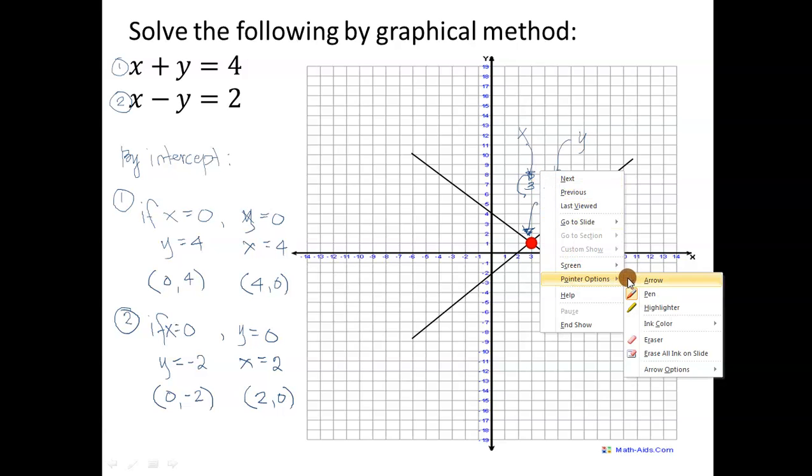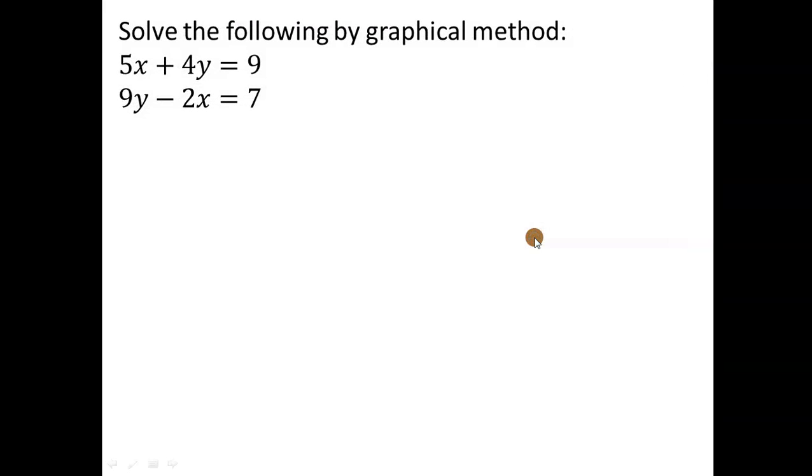And for the last one, by graphical method again, let us find the solution of this. 5x plus 4y is equals to 9. Then 9y minus 2x is equals to 7. So ang nakuha nating values dito ng x and y ay parehong positive 1. So again, by using the intercept method, you let x is equals to 0, you will find the value of y for the first equation.